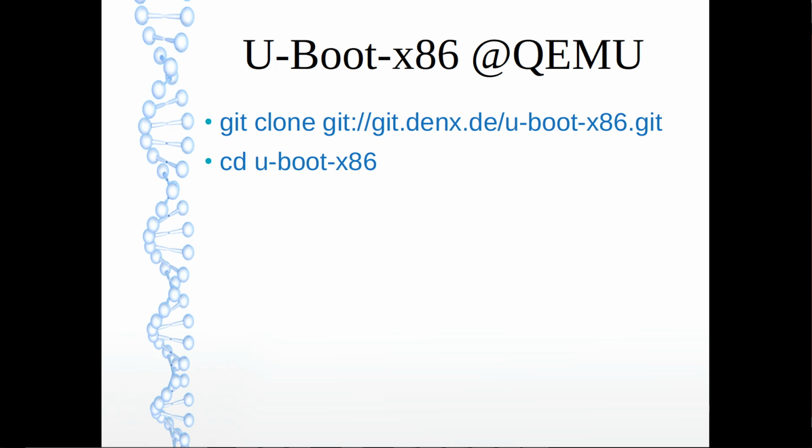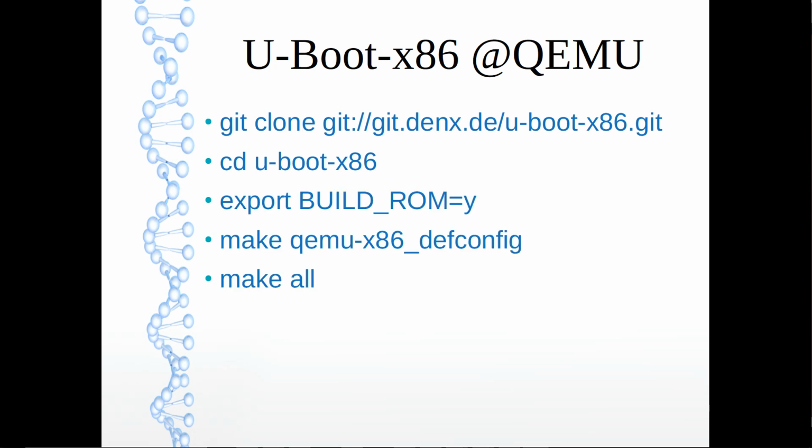As we have seen in our earlier Linux session about git clone, I can use git clone with this particular URL and go to this bootloader. First you need to export this particular configuration and make it yes, so that the environment is set in whichever folder you are inside, this uboot x86. Then make the default config. It will create a configuration file for QEMU x86, and then make all.